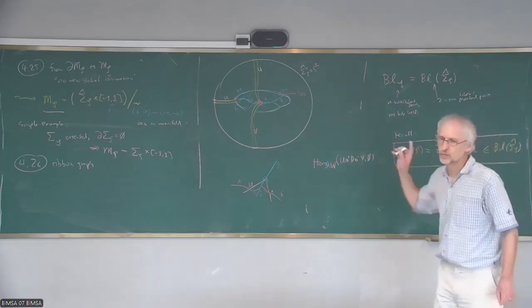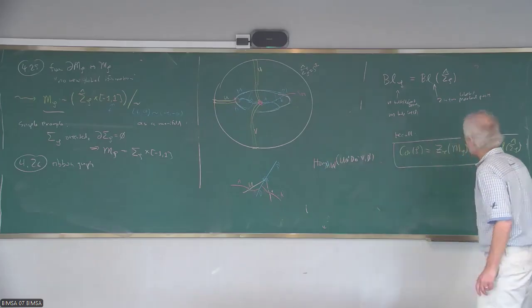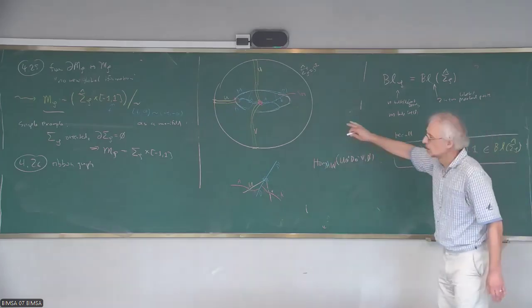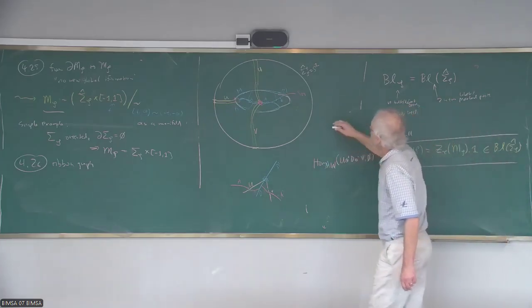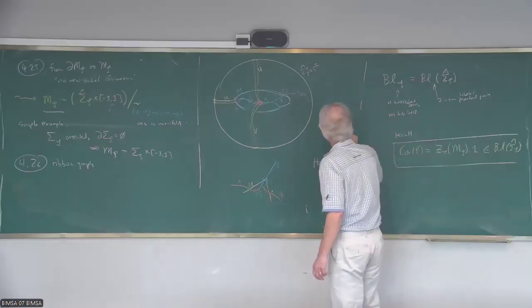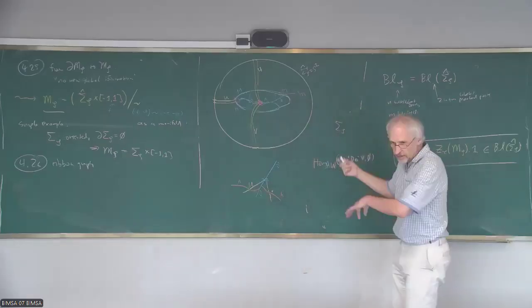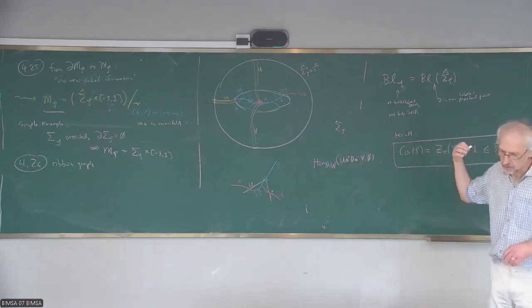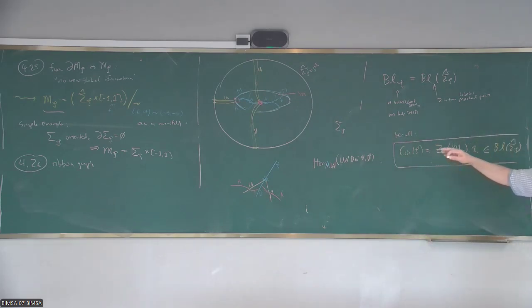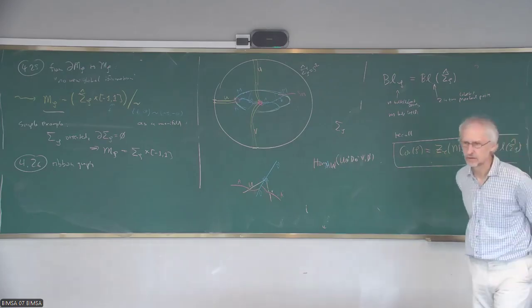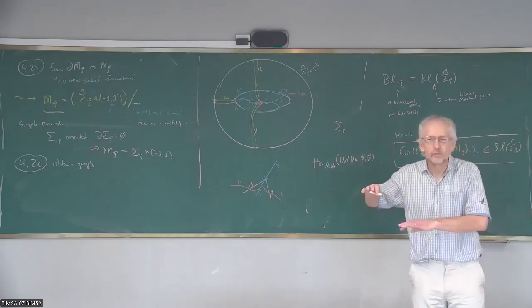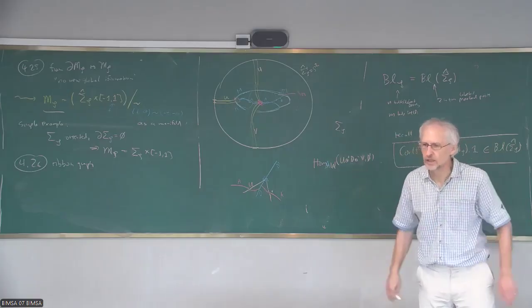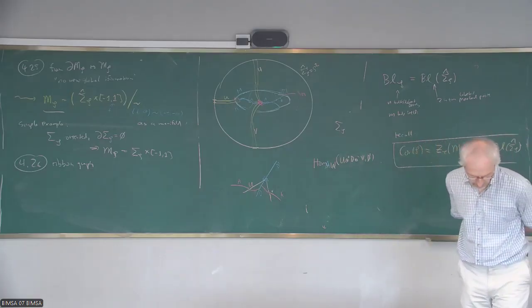Now I have to say which mapping class group. If there are no defects, it's just the mapping class group of sigma S. If there are defects, I have to require that I only look at the subgroup which leaves the defects invariant up to small deformations, so it leaves the topological information invariant.